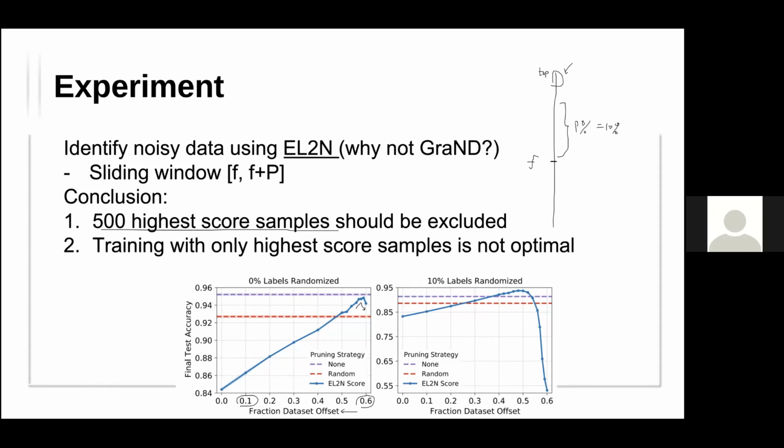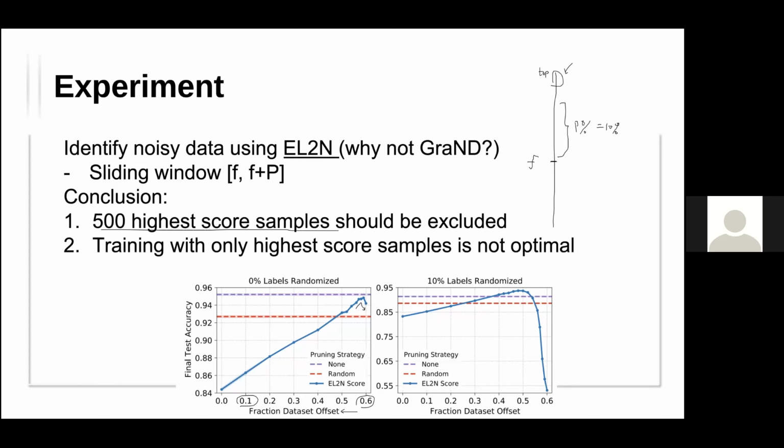I don't remember the detail, but I'm sure that when you increase it to 0.6, then you will include those highest score samples. That's why they have a drop in performance. That's the conclusion. And then when you have 10% label randomized, you have more noisy samples, right?